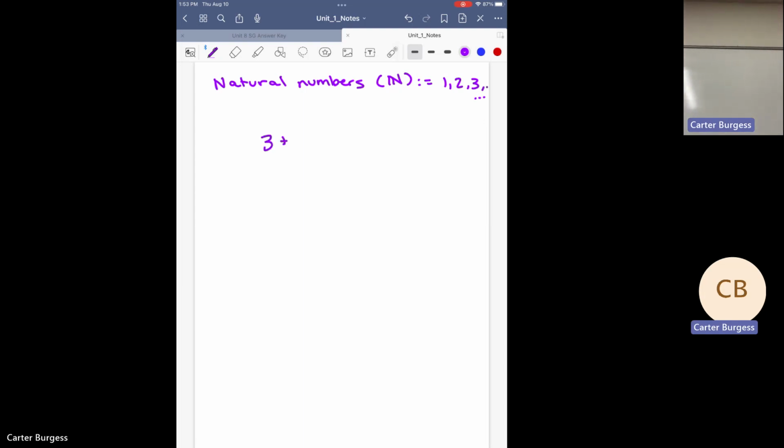Well, if I take two natural numbers, randomly pick, in this case, 3 and 14, and I add them together, what kind of number am I always going to get 100% of the time? Always going to get a natural number every single time, as long as I am adding two natural numbers.